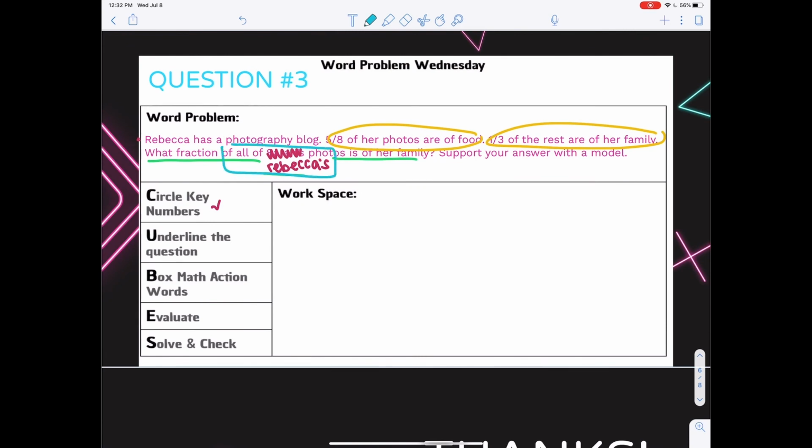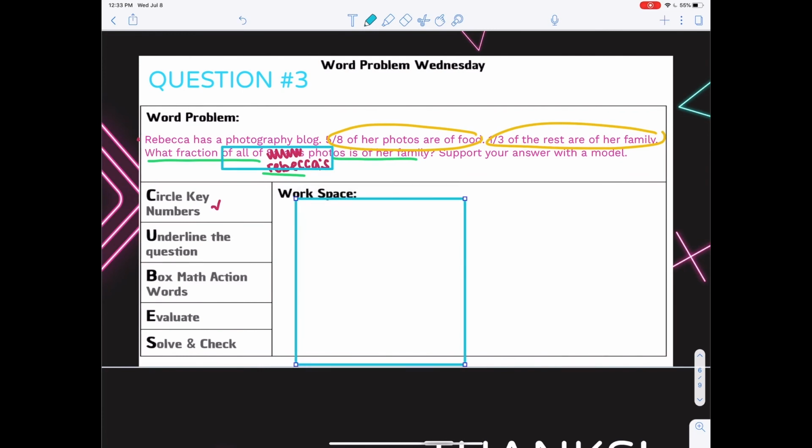All of the rest is what I'm going to box. Evaluate: we're going to make our blog, cut it up into eighths, show the 5/8, show the 3/8. 1/3 of the rest of the photos are of her family, and then we'll find our answer. So let's go ahead and start solving.